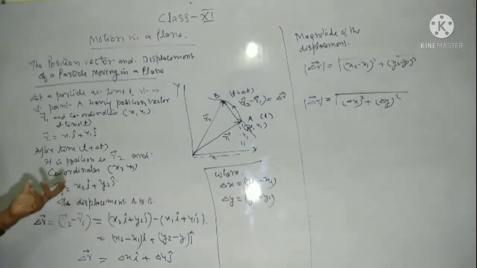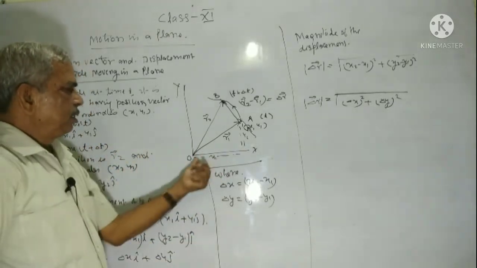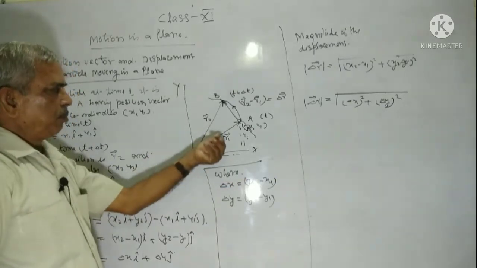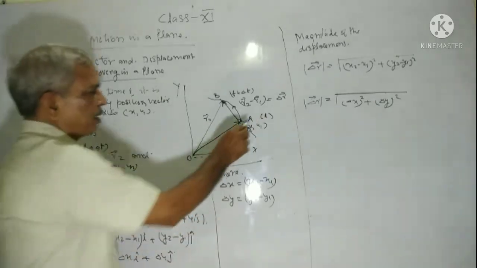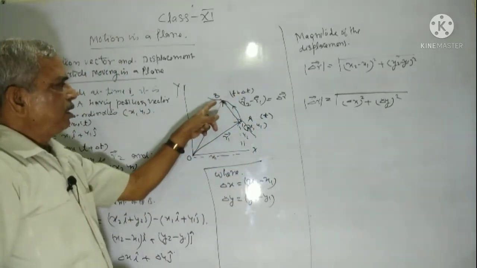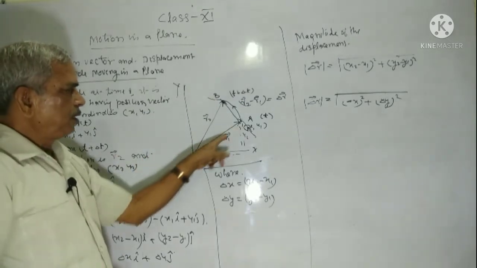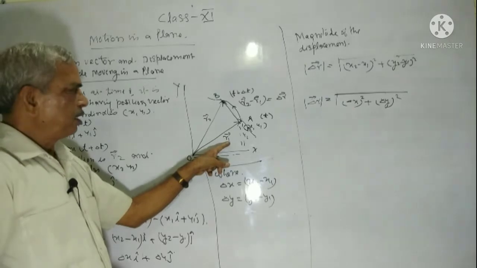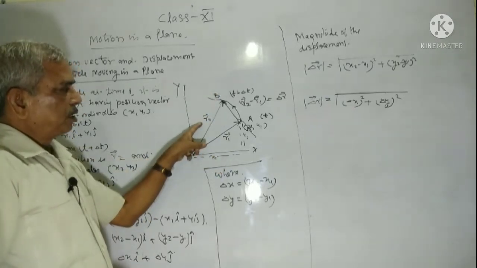Once again we can explain. O is the origin, x and y is the plane. At any time t, the particle is at point A. After time t plus delta t, it reaches point B. The position vector of point A is R1 vector and position vector of B is R2 vector.